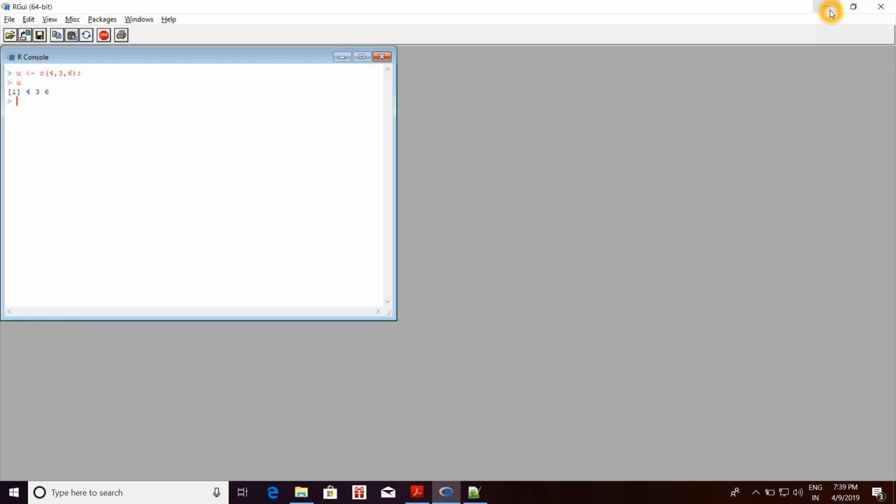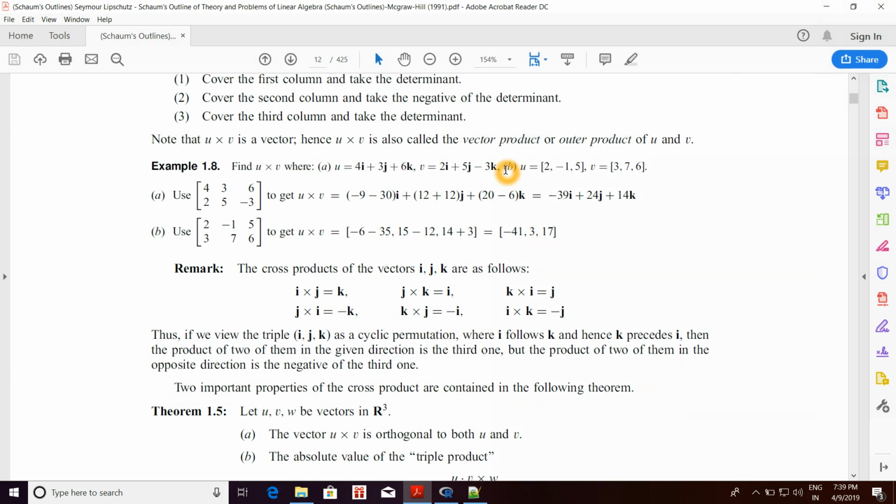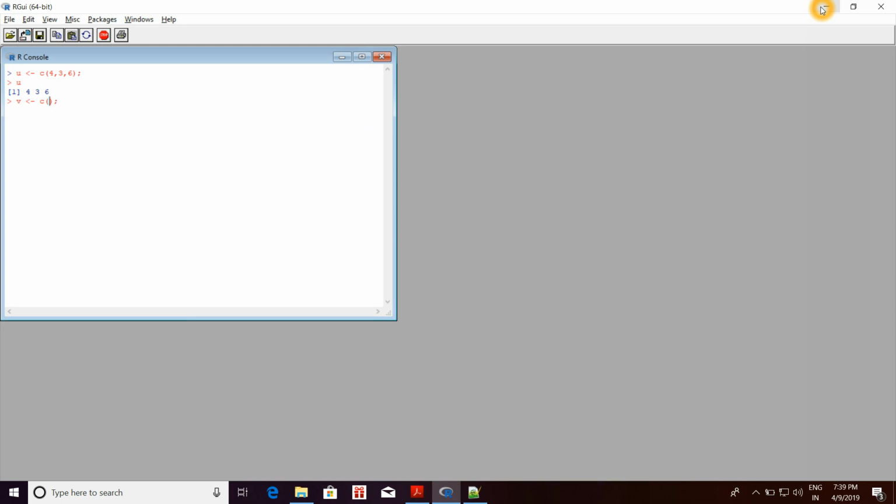So u is equal to 4, 3, 6, and v is equal to 2, 5 and minus 3. So v equals 2, 5, minus 3.